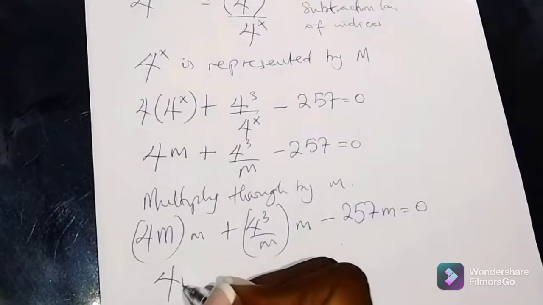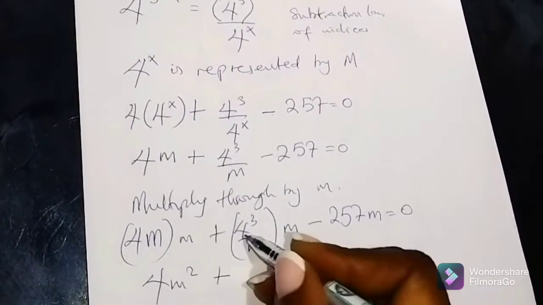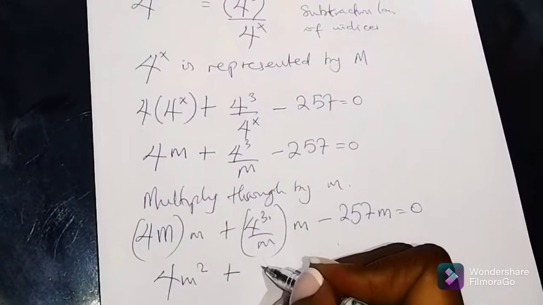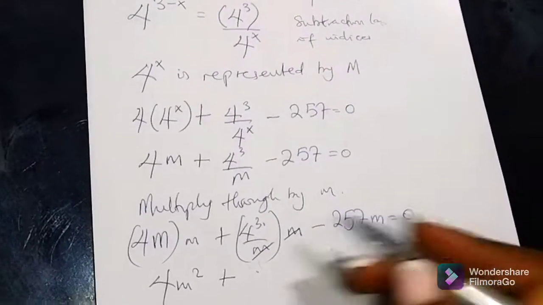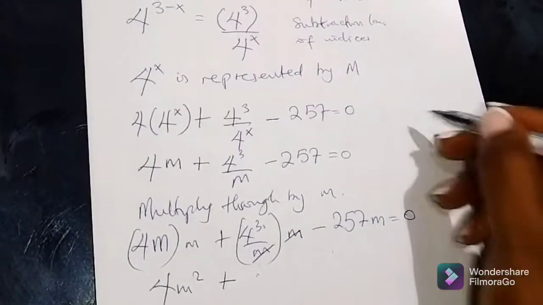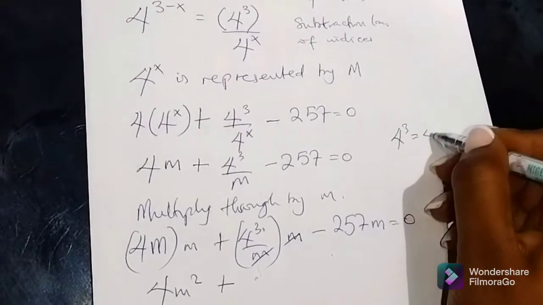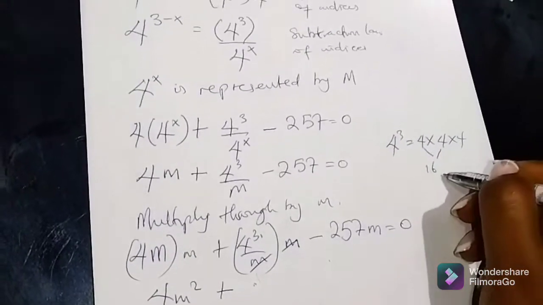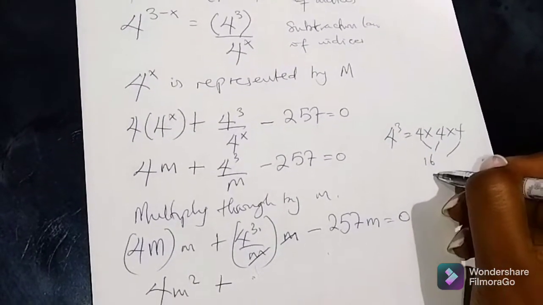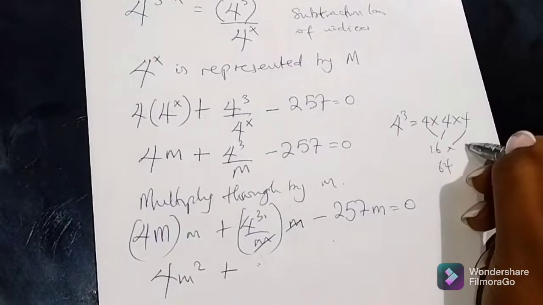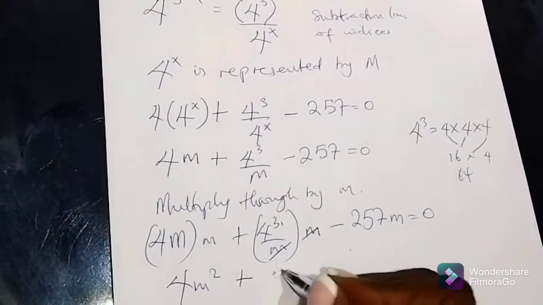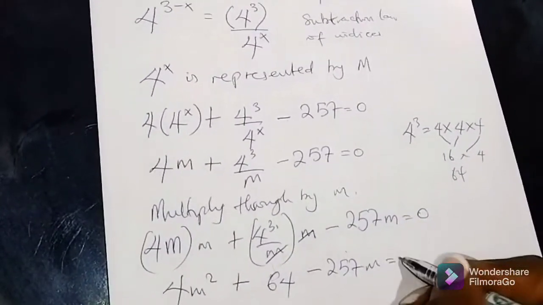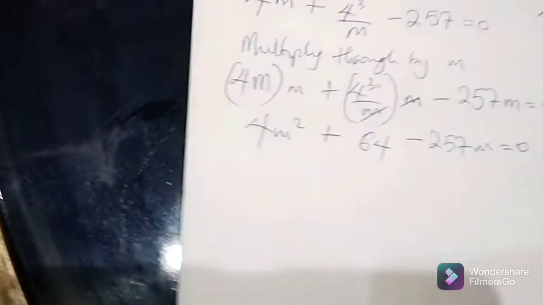So that gives us 4m squared plus 4 raised to the power 3, which is what? Remember, 4 raised to the power 3 is 4 times 4 times 4. 4 times 4 gives us 16, and 16 times 4 gives us 64. So we have 4m squared plus 64 minus 257m.